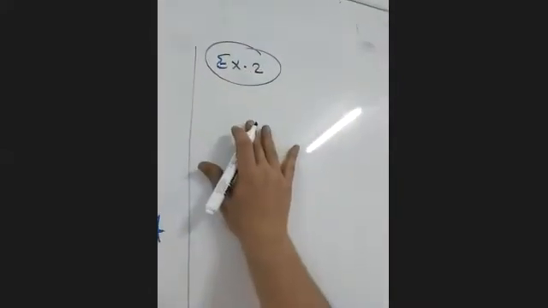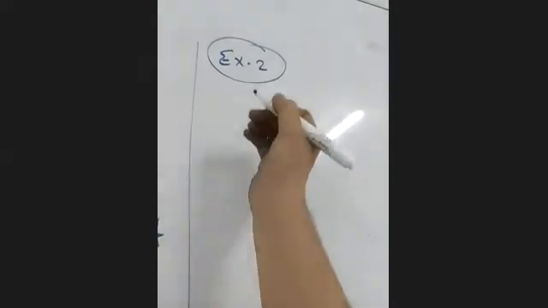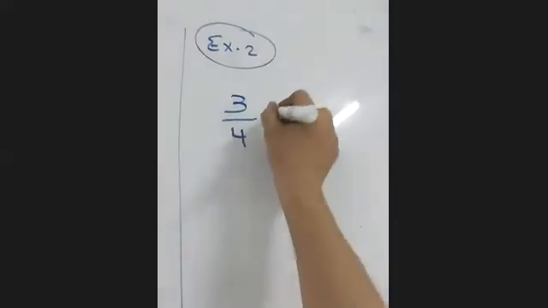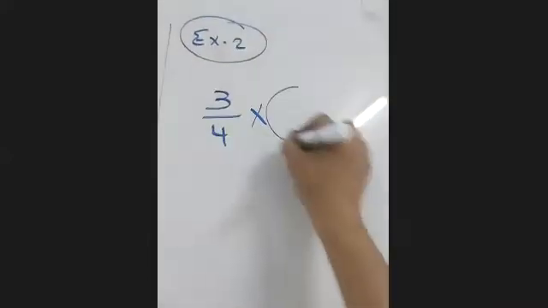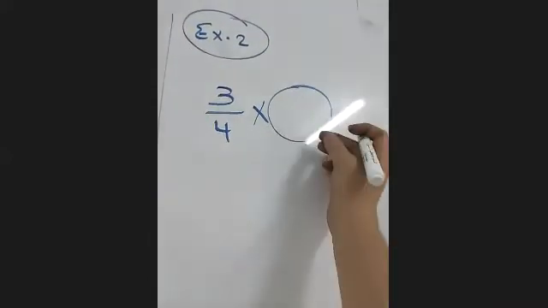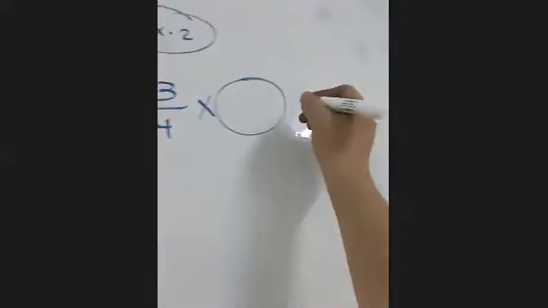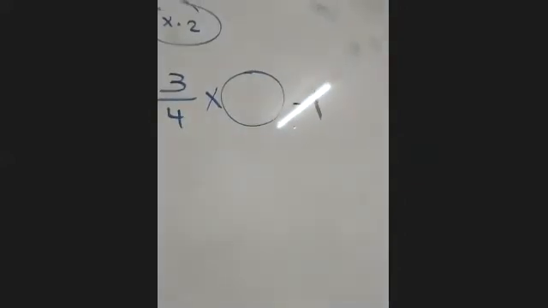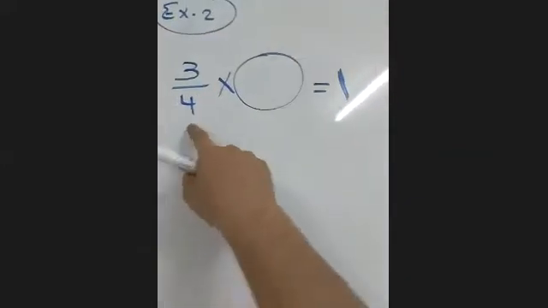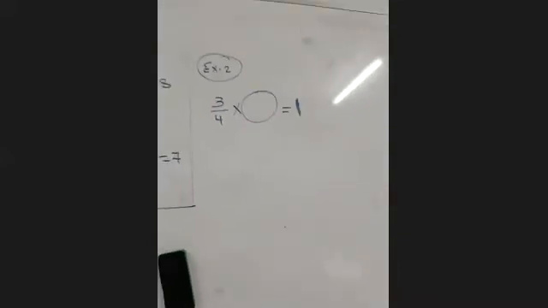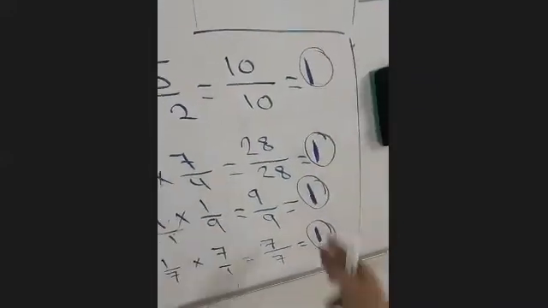What number multiplied by 3 over 4 has a product of 1? Look at the board, guys. If you multiply it with the 3 over 4, the answer is what? 1. What is that number? We said here, if we multiply the fraction with its reciprocal, the answer is always what? 1.